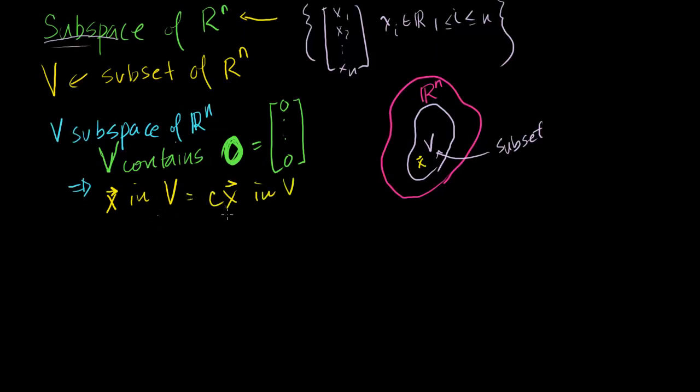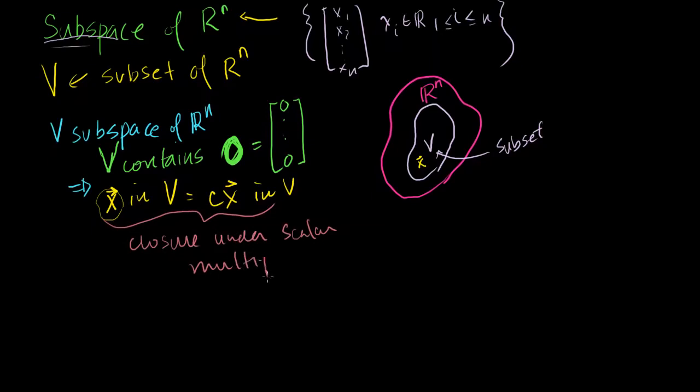For those familiar with the term, this is called closure under scalar multiplication. That's a fancy way of saying, if I take some member of my set and multiply it by some scalar, I'm still going to be in my set.